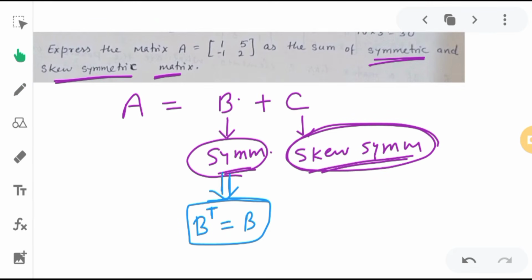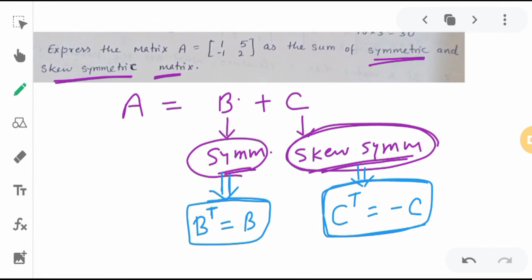And skew symmetric means, if C is a matrix, C is called skew symmetric if C transpose is equal to minus C. Then we will call that matrix a skew symmetric matrix.